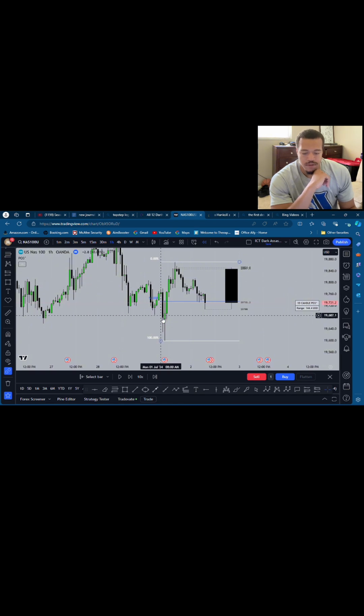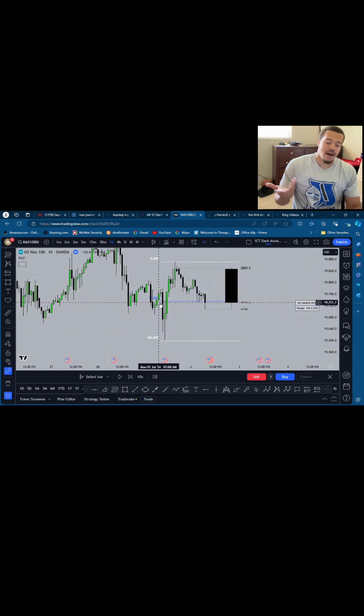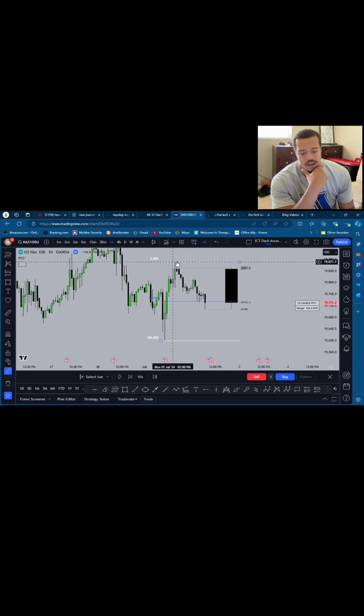So we took out sell side, and then we took out buy side. So this area right here is our dealing range, because we took sell side out and we took the buy side out. That's how I deem a dealing range, from what ICT has told us in the courses.